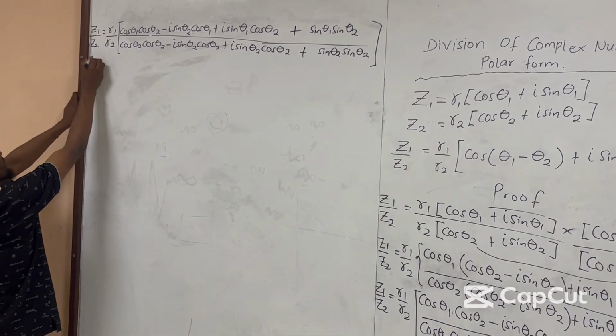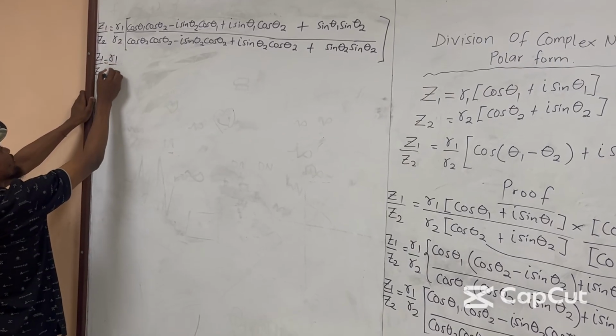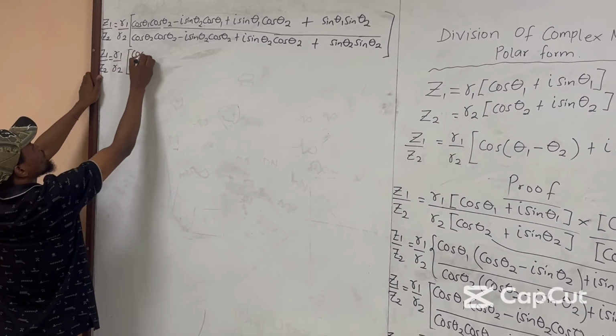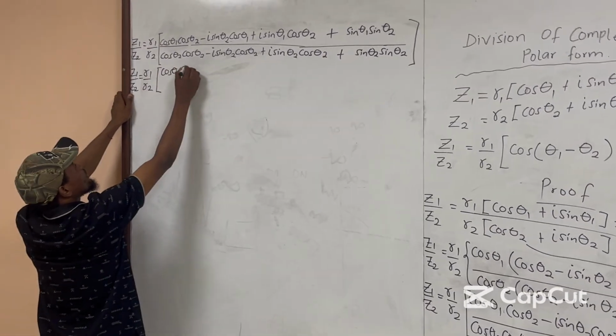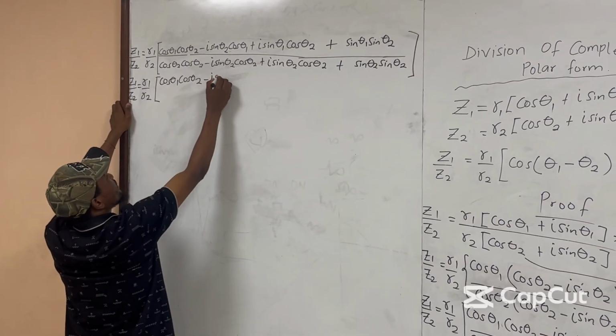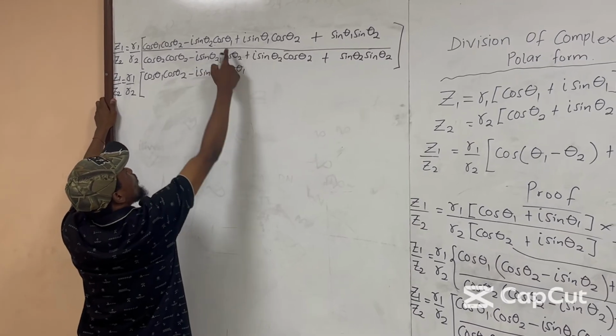So I have z1 over z2 is equal to r1 over r2 this way. Then we have cos theta 1 cos theta 2, then minus I sin theta 2 cos theta 1.